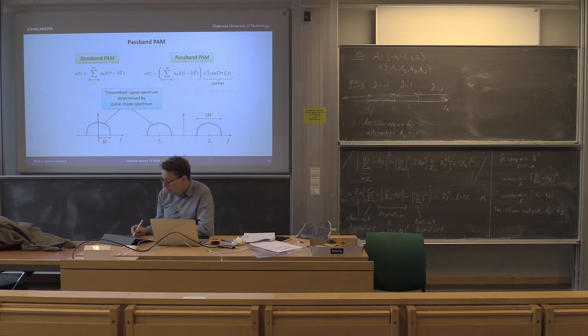So if we pick a carrier frequency that we like, we can move the spectrum of the transmitted signal, the baseband, to be centered around the carrier frequency by simply taking the baseband signal and multiplying with the carrier, where the carrier has the frequency we like. Okay. So if we have baseband, we can form the corresponding passband signal.